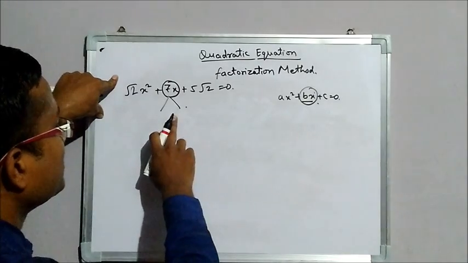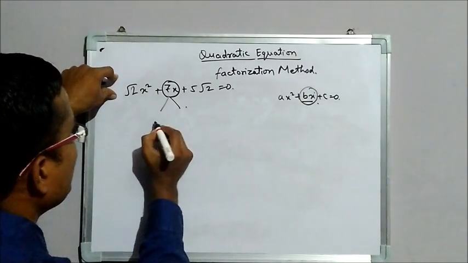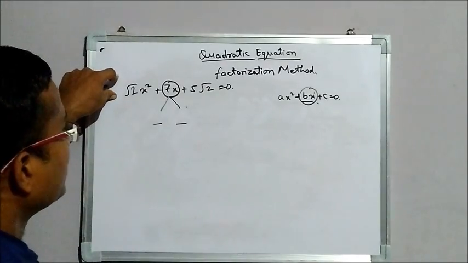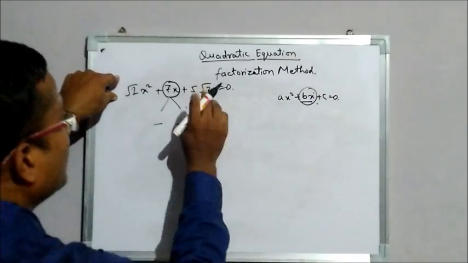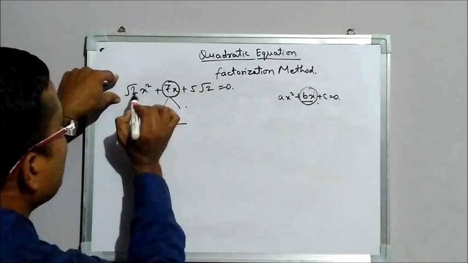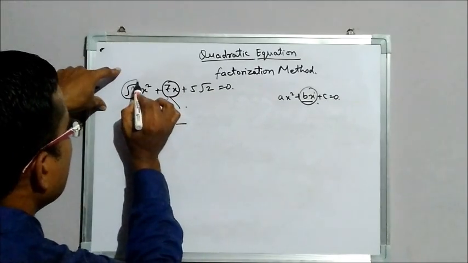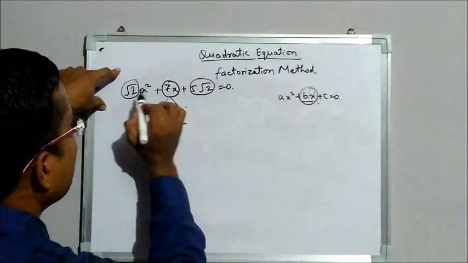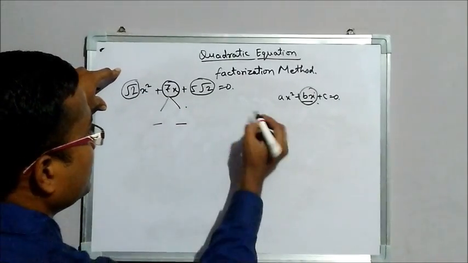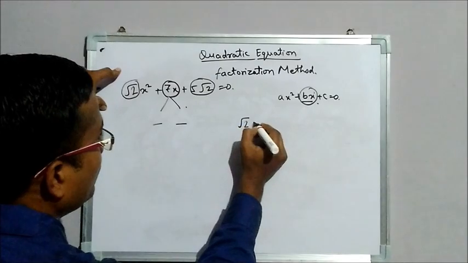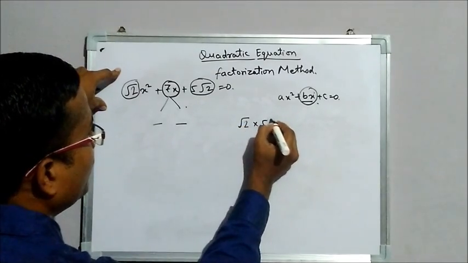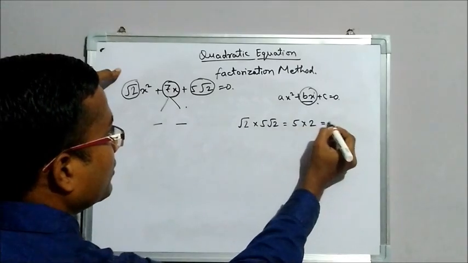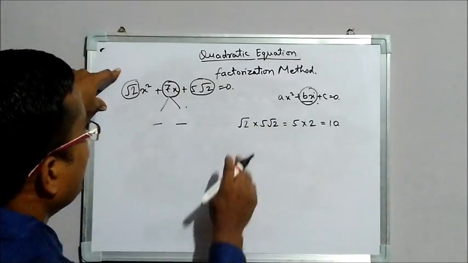How can we split this term in two? So we get two terms. On multiplying the coefficients of x square and the constant, root 2 multiplied by 5 root 2, what do we get? 5 into 2, that is 10.